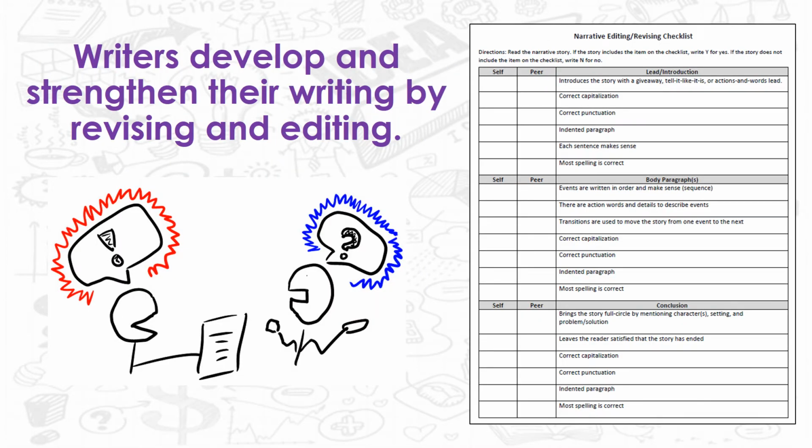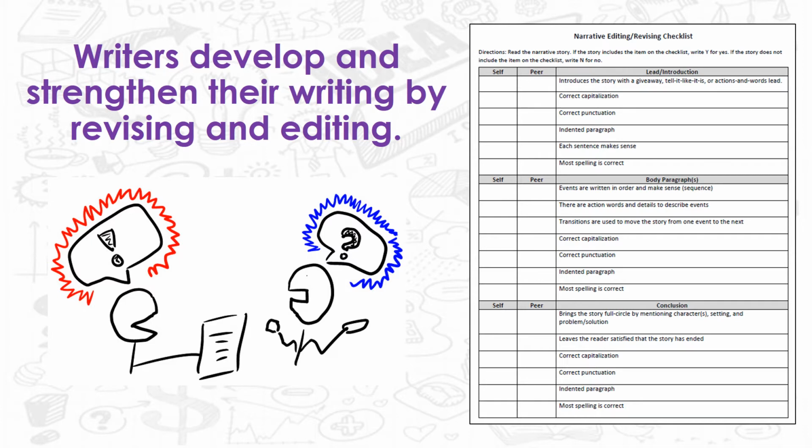Our learning target today is: writers develop and strengthen their writing by revising and editing. And as you can see on the screen, I have put a copy of the narrative editing and revising checklist here so that we can take a look at what it is that we will be doing. Now, I understand that with social distancing, in some cases we may not be able to have a peer or a second person look over our writing.